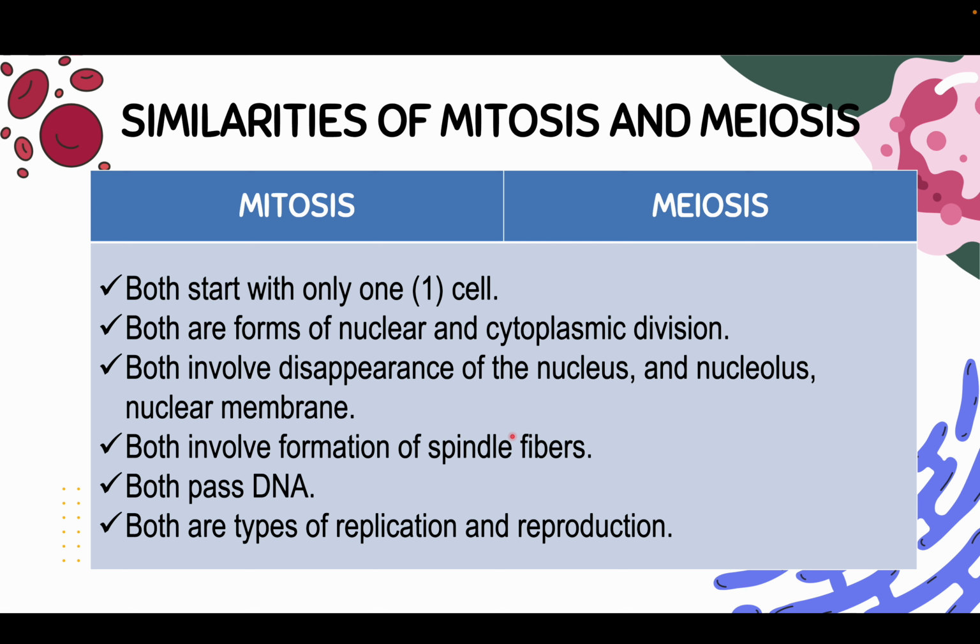Both involve formation of spindle fibers. Both will transfer DNA from parent to progeny, and both are types of replication and reproduction, in the sense that both processes will lead to formation of new living cells.